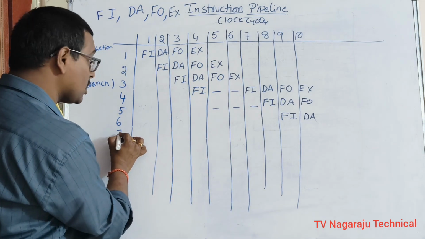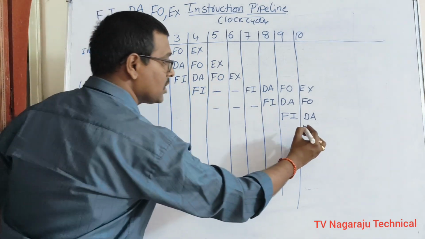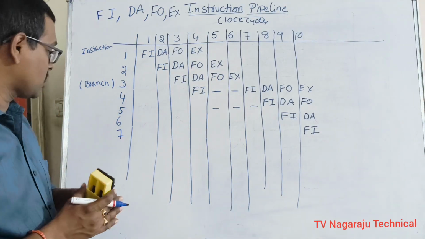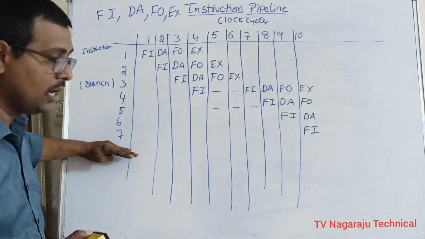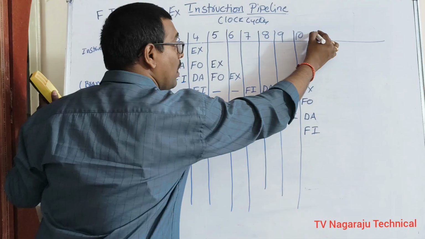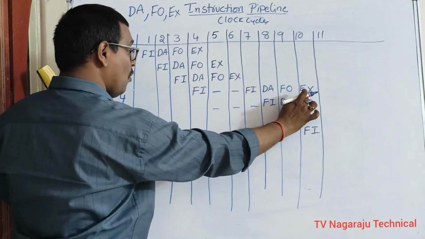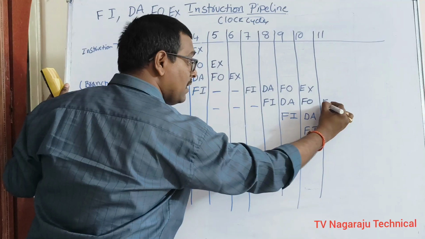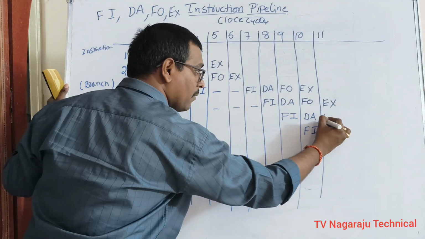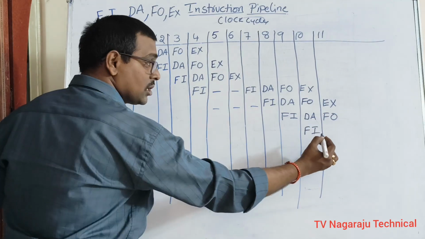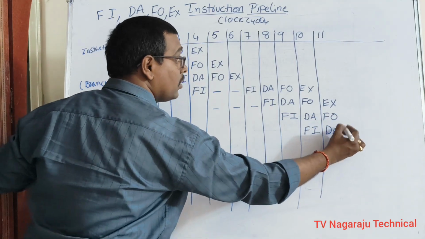Now instruction 7 is entered into F5. Assume we have only 7 instructions. Then stop the process. Now what happened? At clock cycle number 11, 4 is completed, 5 is entered into segment number 4, 6 is in segment number 3, and instruction 7 is in segment number 2.